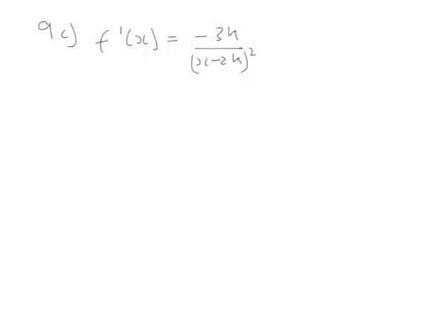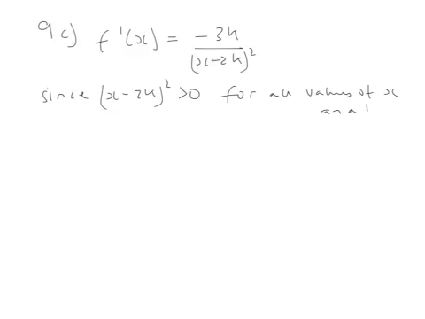because we've got this expression for f dashed x. We know that the denominator is positive for all values of x, because if you square any number, positive or negative, the answer is positive. And since k is negative, which we're told at the start, minus 3k is positive.